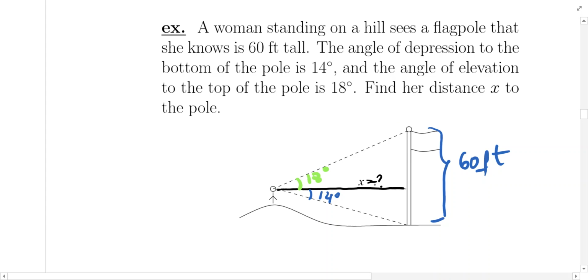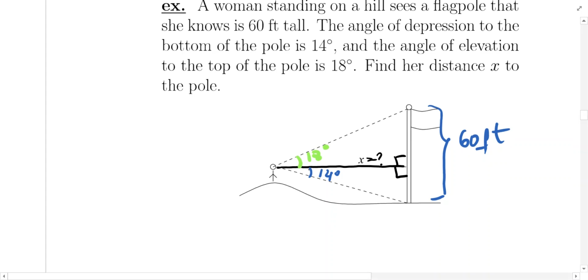Okay, so notice in here that we have two right triangles. So let's see what information we can get from each right triangle. Let's look at the top right triangle. I have an angle 18. I need to find the adjacent, but I don't have anything else, right? So is there something else that was given to us that we didn't use?